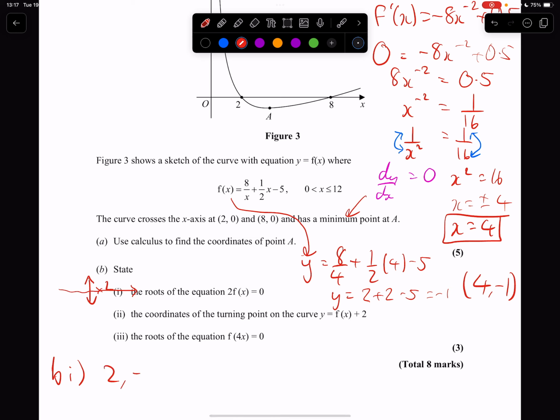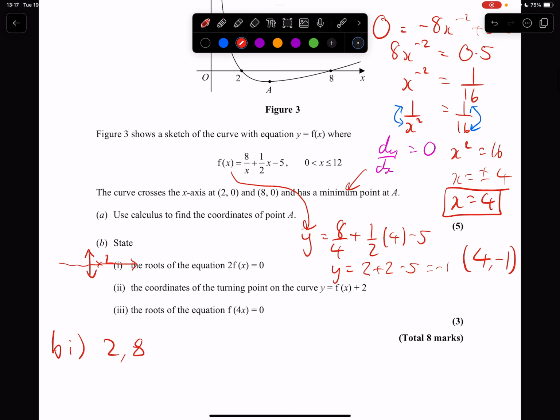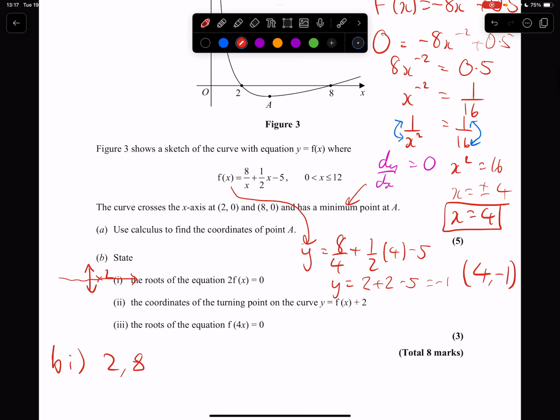They would be 2 and 8 still, because all the places on the x-coordinate would not change. The coordinates of the turning point of the curve f of x plus 2, that shifts everything up by 2. So if we were at 4, minus 1 and we move that up 2, we would be at 4, positive 1.